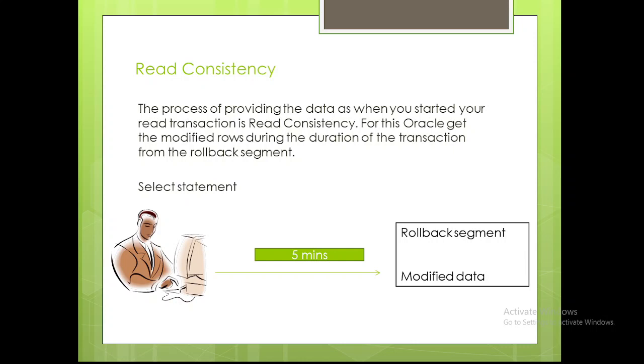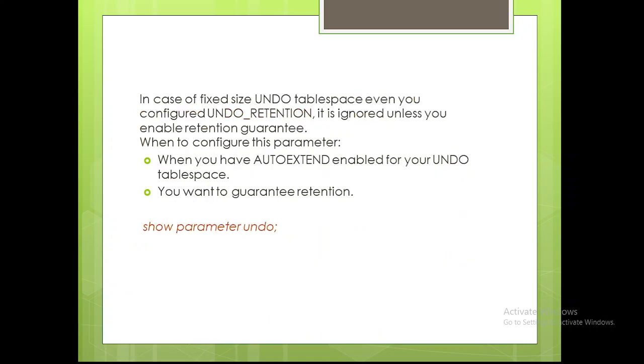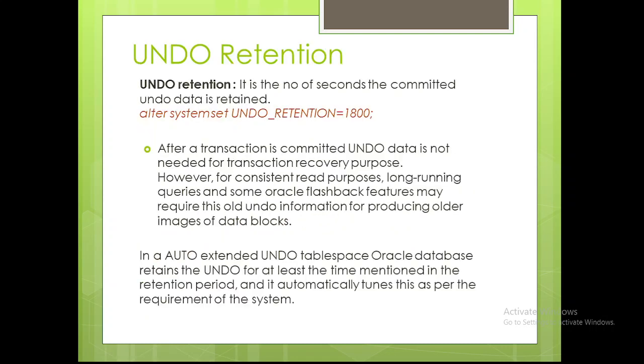If there are not, then the further transactions can fail. But we have to make sure that this is the time by which we are defining that undo data stays in there.